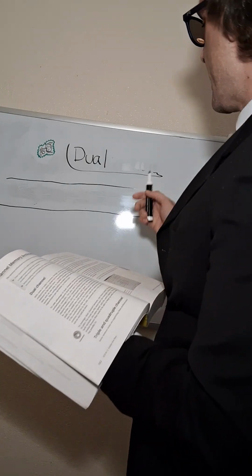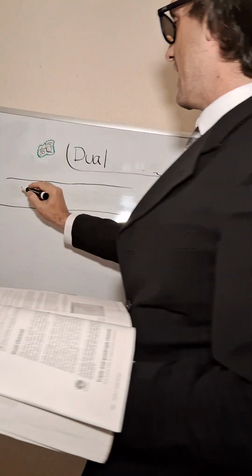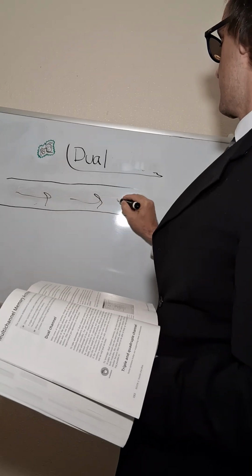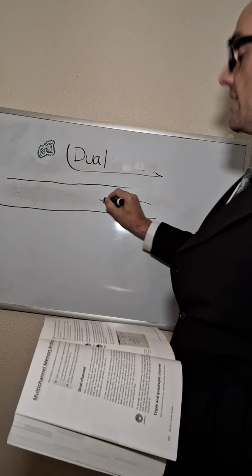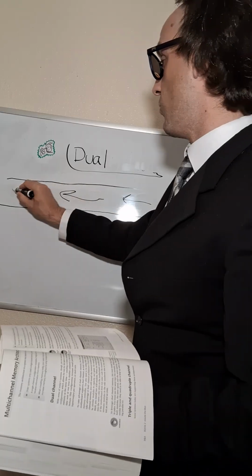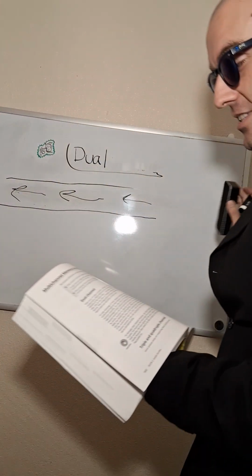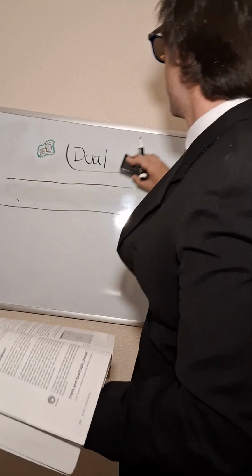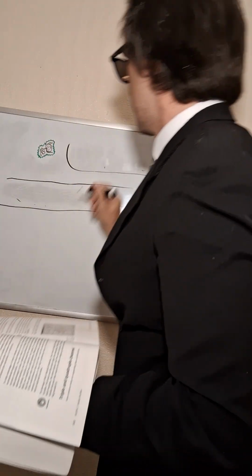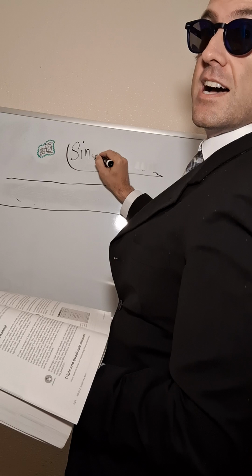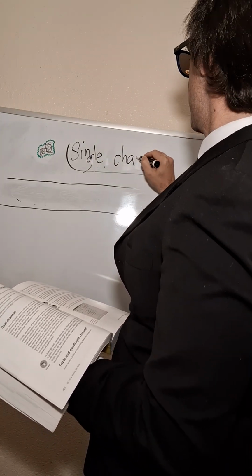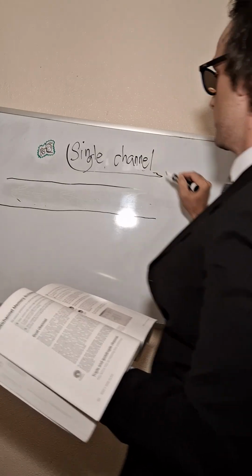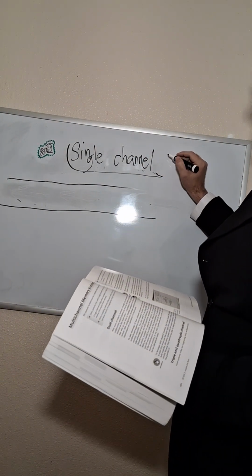The first one was single channel configuration. We're sending in that one lane, and then we also receive on that one lane. This is just review. That's called single channel configuration. Let's write the configuration really nice.